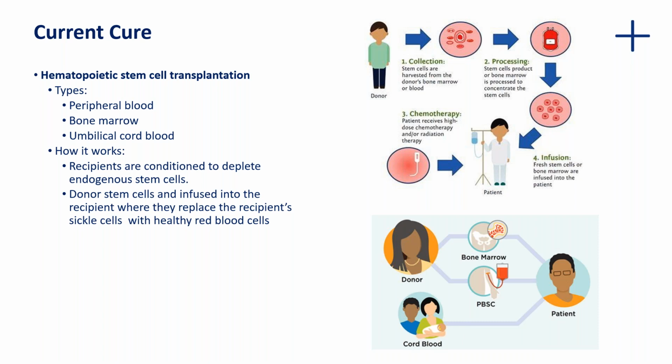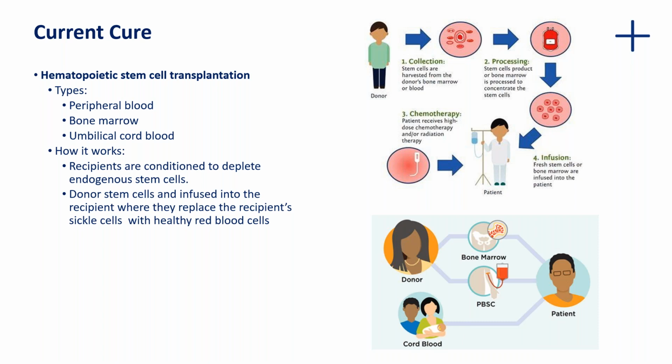So how it works, the donor will give the peripheral blood or bone marrow stem cells, or cord blood will be collected. These stem cells will undergo processing and cryopreservation.